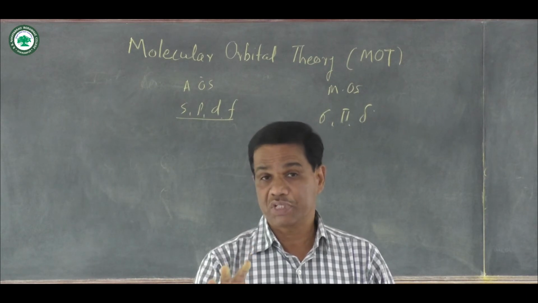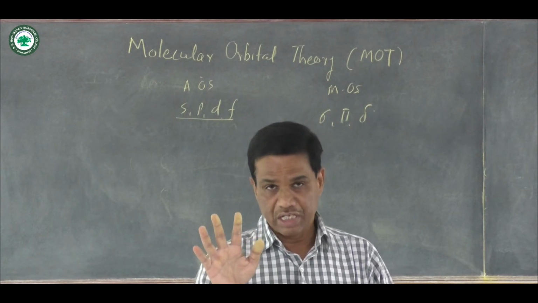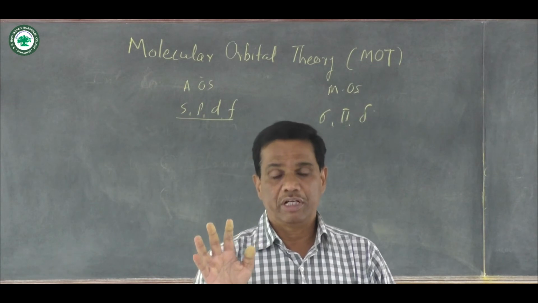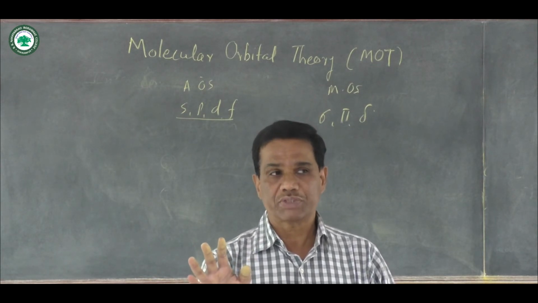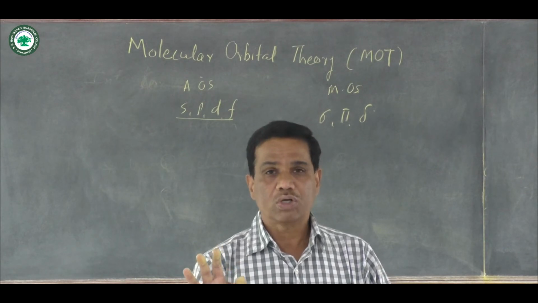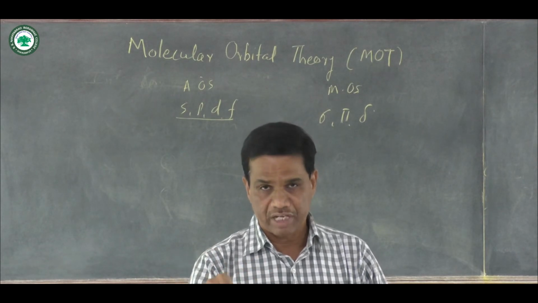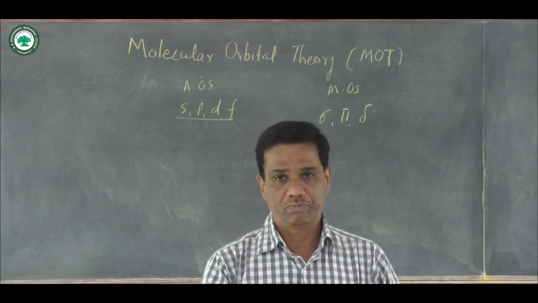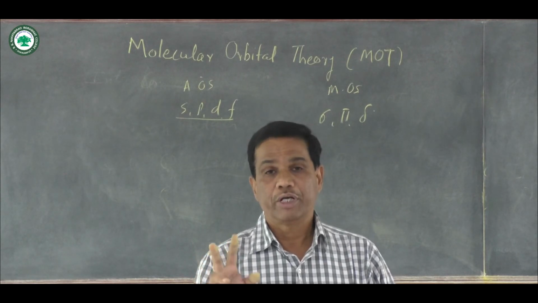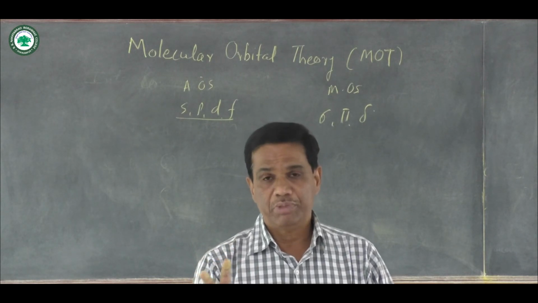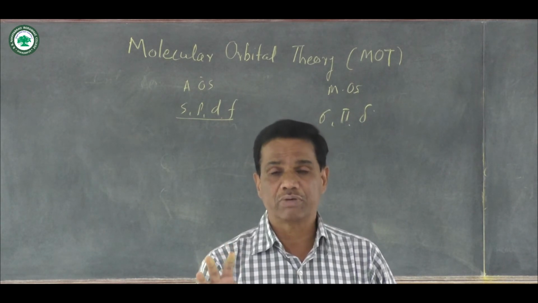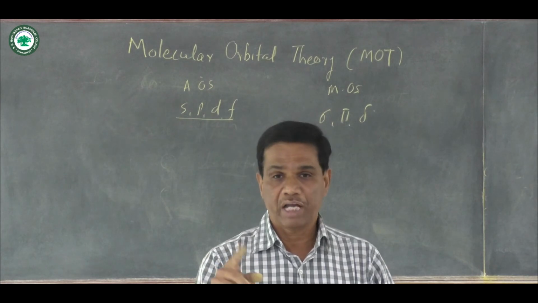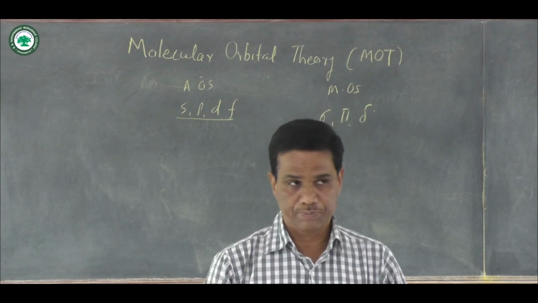Like that, suppose if you consider the d orbitals, there are 5 d orbitals, dxy, dxz, dyz, dx square minus y square and dz square. Out of that, first 3 lie in between the axis and they are lobe shape, whereas remaining 2 d orbitals, dx square minus y square and dz square, are dumbbell shape and lie along their respective axis.